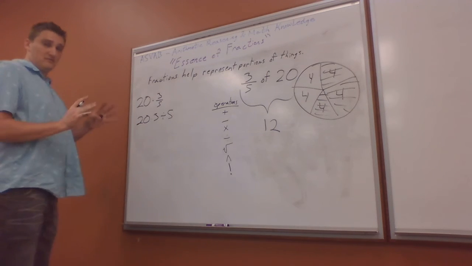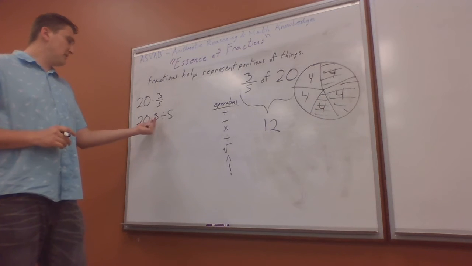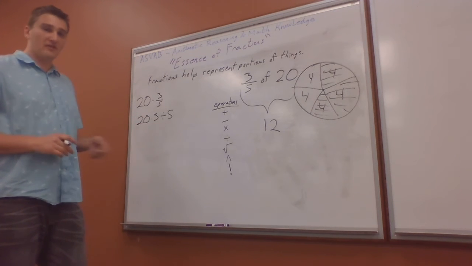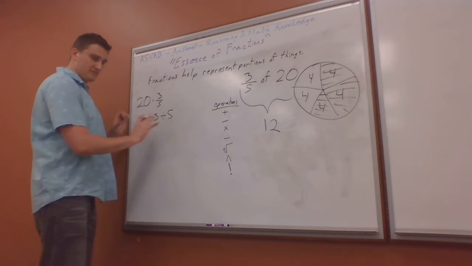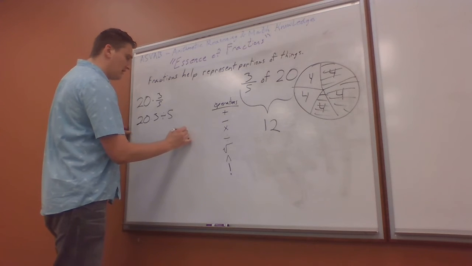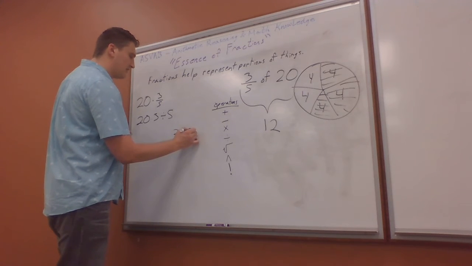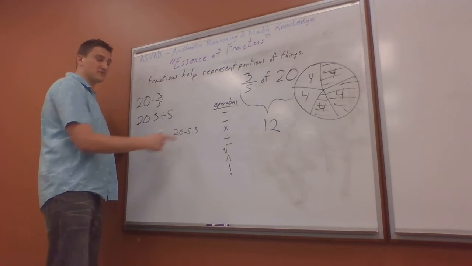In fact, a little disclaimer here: if you ever see multiplication and division right up next to each other, you do one right after the other, reading from left to right. If you were to have, and maybe you can write this down, 20 divided by 5 times 3, you would have to do 20 divided by 5 first, then times 3.